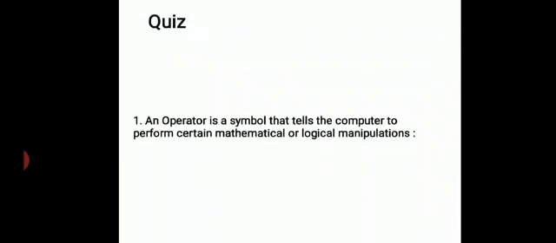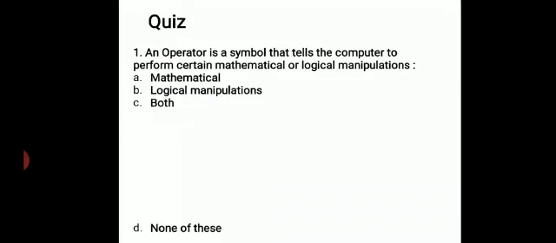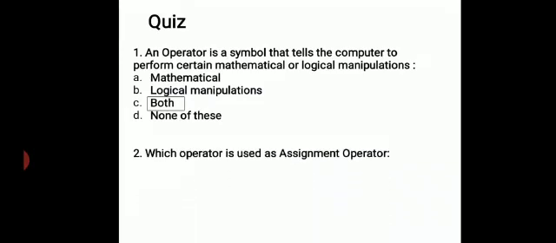Let us discuss some questions. First: an operator is a symbol that tells the computer to perform certain mathematical or logical manipulations. Options: mathematical, logical manipulations, both, none of these. Both is correct. Second question: which operator is used as the assignment operator?